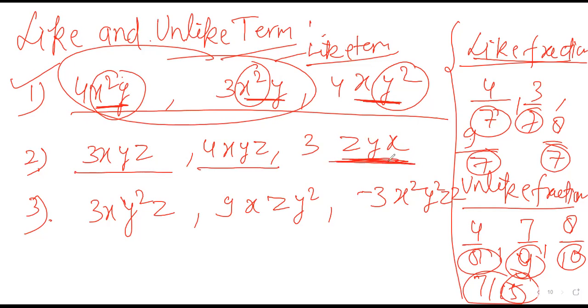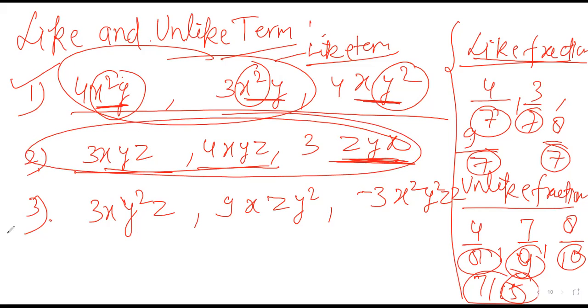Now zyx, order is not important, but the variables' exponent is important. Here xyz, there is no problem, but here zyx means order is different, but no problem, powers are the same. So all three are like terms, 3xyz, 4xyz, 3zyx. Order is not important, please keep this in mind, but the exponents will be important.